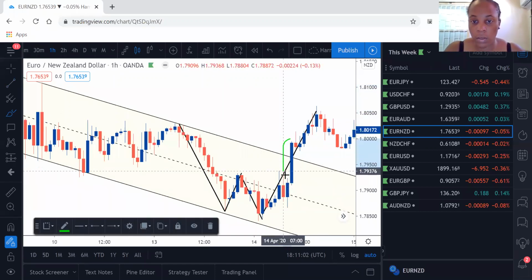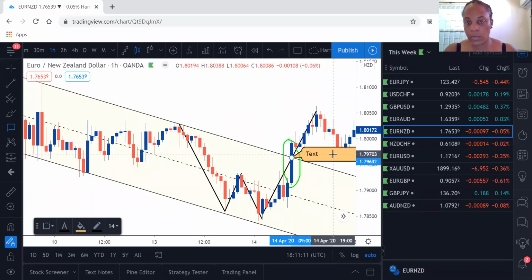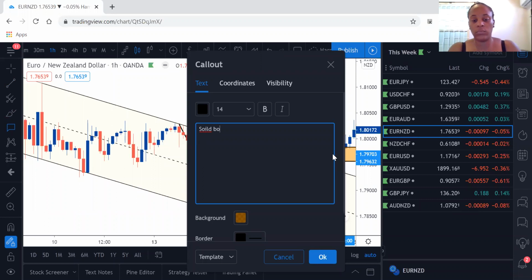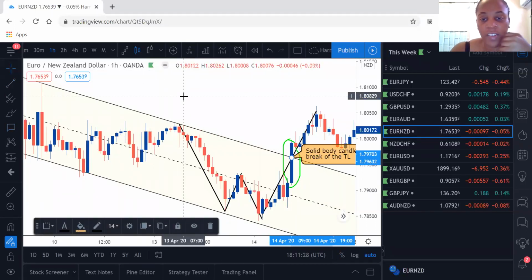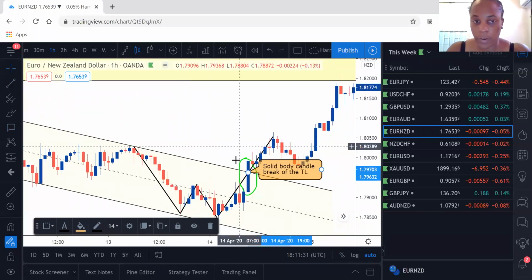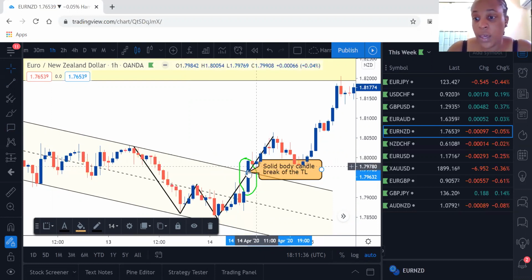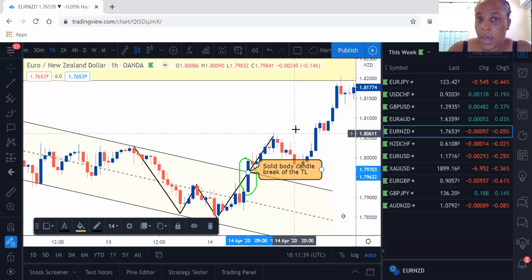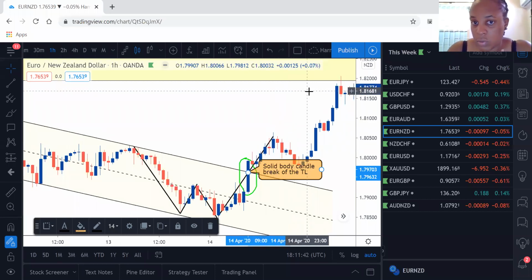Was based on a solid body candle break of my channel or the trend line, whichever you prefer, to then give me the signal that we can continue to hold this trade until it reaches our next resistance zone.